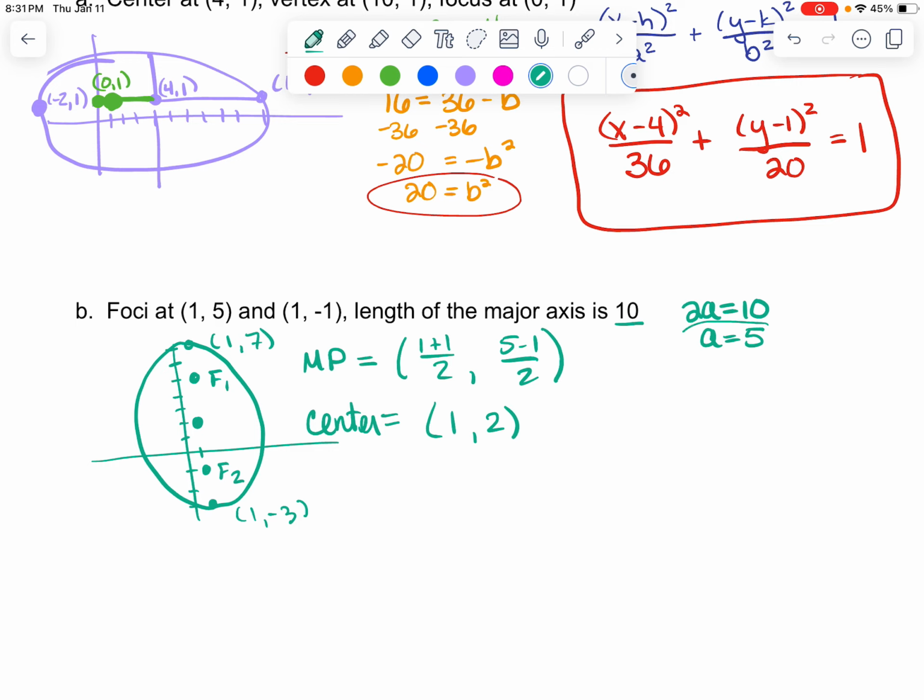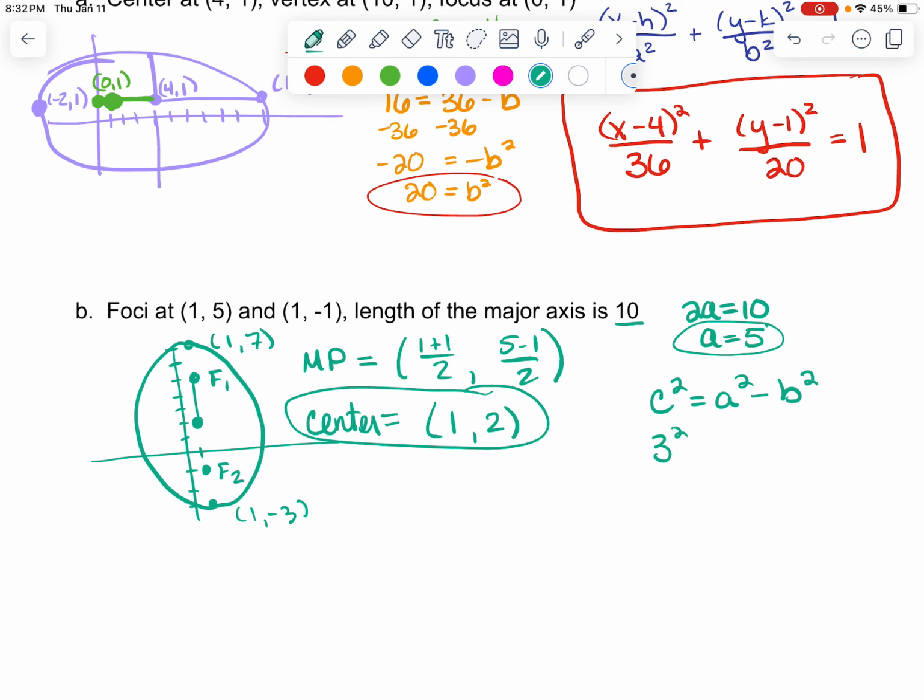So I have my a value, I have my center. The other thing that I need is my b value. So I'm going to have to go back again and use that c squared equals a squared minus b squared bit. My c value is my focal length, which I can count off in the picture is 3 units. I went 3 up and 3 down from that center.